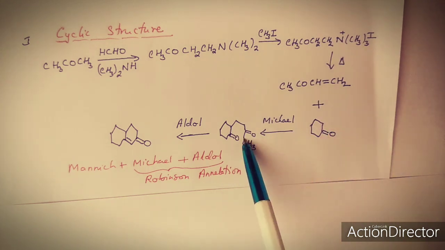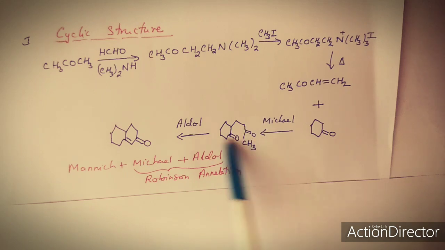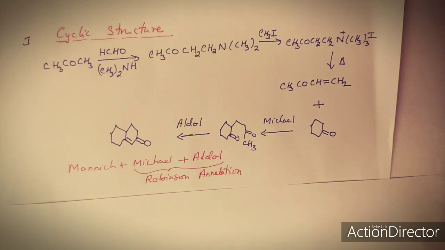So the Michael reaction, this then will condense in aldol fashion to give us this alpha beta unsaturated compound, a level up to our Mannich reaction. The use of the Mannich reaction in the further synthesis of these class of compounds is very important.